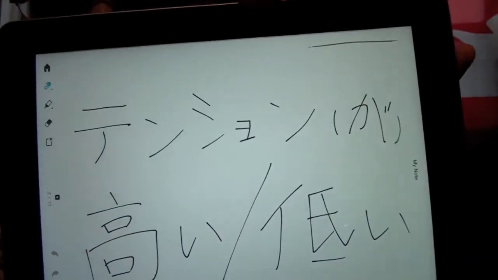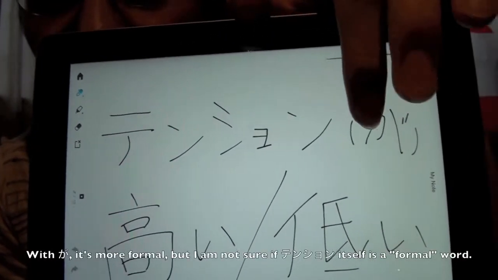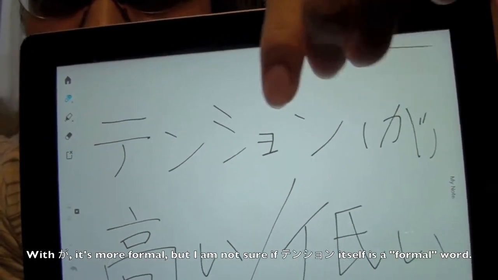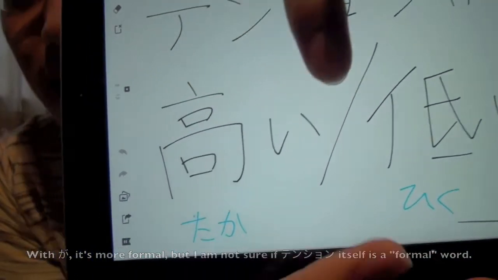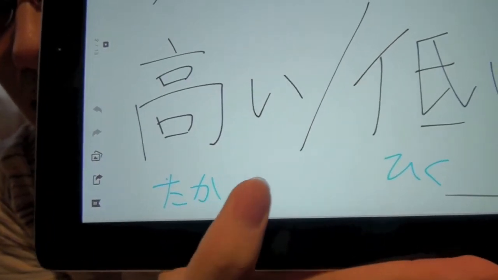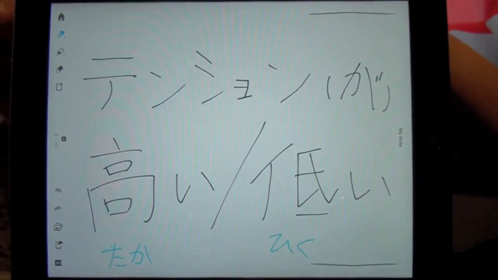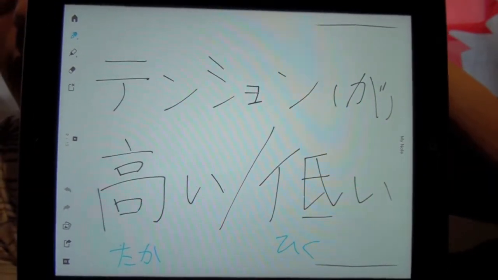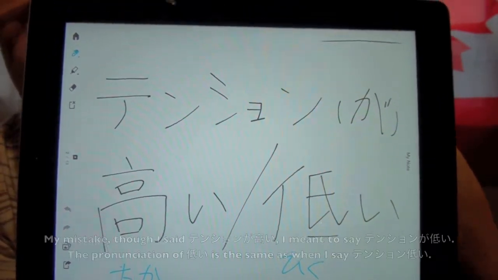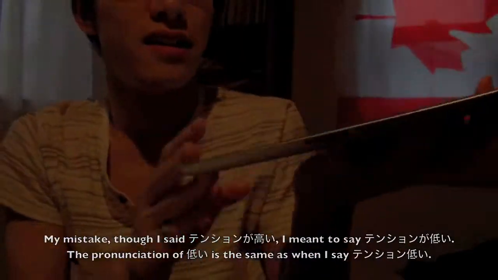Like this: you don't have to say it all the time, but "tension ga takai", this is how you read it, takai or slash hikui. Tension takai, or tension ga takai, or tension hikui, or tension ga hikui.